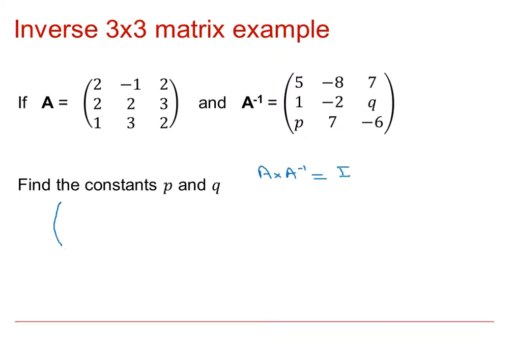So that means if we multiply 2, minus 1, 2, etc., and we multiplied it by the inverse of A, then we would have to get the identity matrix.